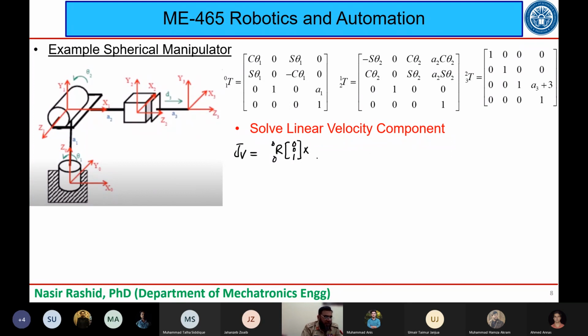I repeat, it will have a cross product of d 3 to 0 minus d 0 to 0.